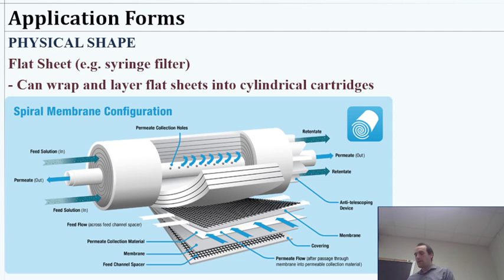And so long as we keep the flow such that once it passes across the membrane, it is physically separated from the rest of the system, it can wind through that spiral and into the center, and that is our permeate in this example.